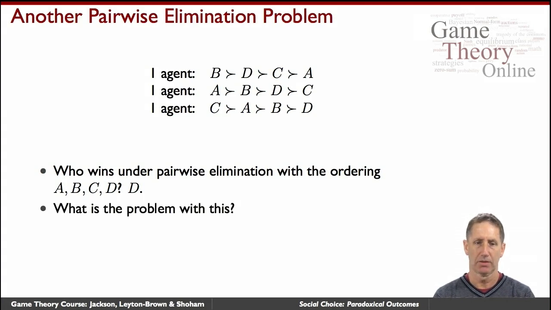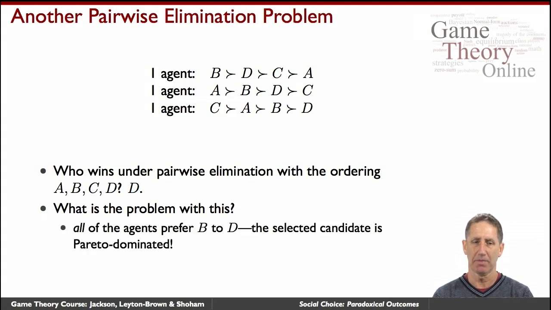What about this case? We're now not talking about different orderings. We're talking about a given ordering and an outcome, but there's something a little troubling about this outcome. What is it? Okay, pause the video, think about it, and realize that the problem is that everyone prefers B to D here.